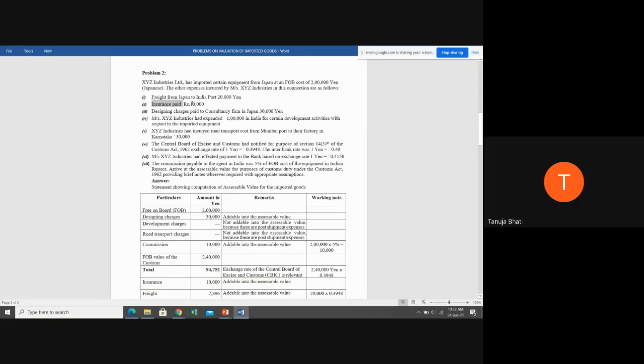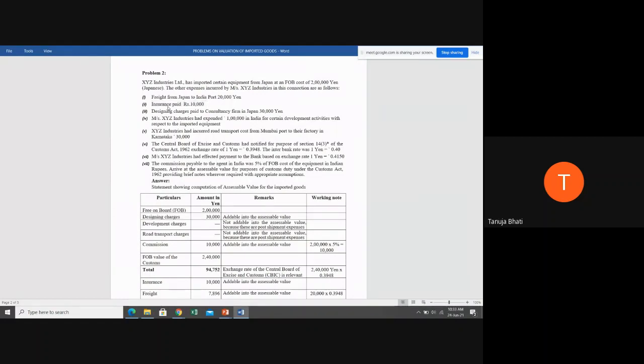Now, insurance paid, rupees 10,000. Since they have not mentioned the word local insurance anywhere, we consider this insurance to be the insurance charges for bringing the goods from Japan to the Indian port.